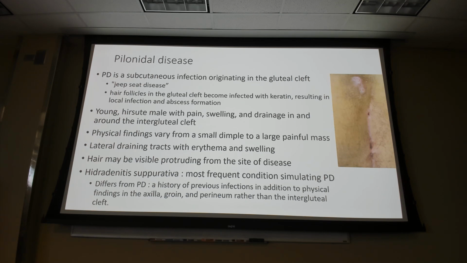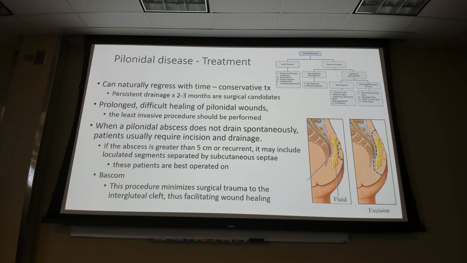But in the outpatient setting, you will see this frequently and have to decide whether it's amenable to drainage versus an outpatient elective surgery referral. Typically, if they have any recurrence, they will need surgery, and they'll have to excise the whole area.